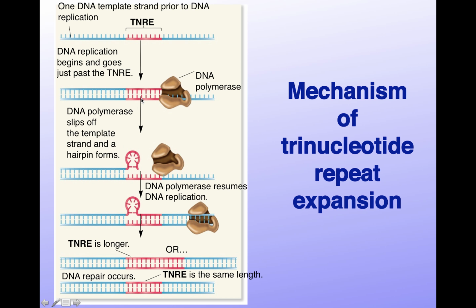Then DNA polymerase resumes and replicates this region that it already replicated. And then later on, in the subsequent DNA replication cycle, this will flatten out and you will end up expanding this. Sometimes you repair this and the repeat is the same length, but other times it gets flattened out and expanded.